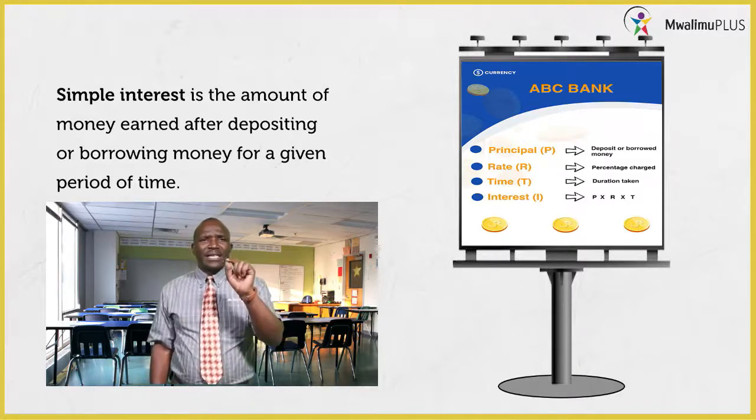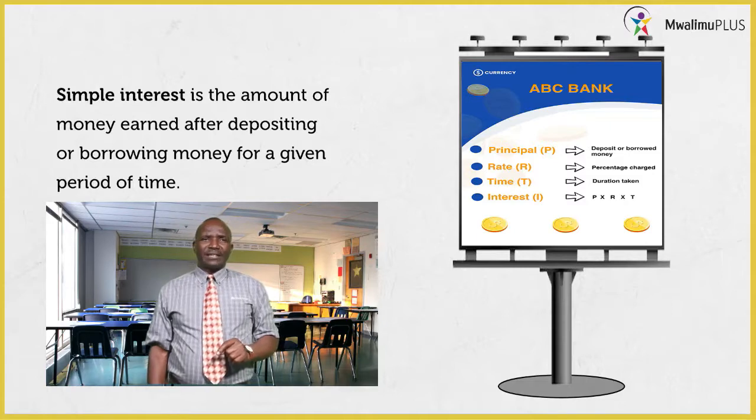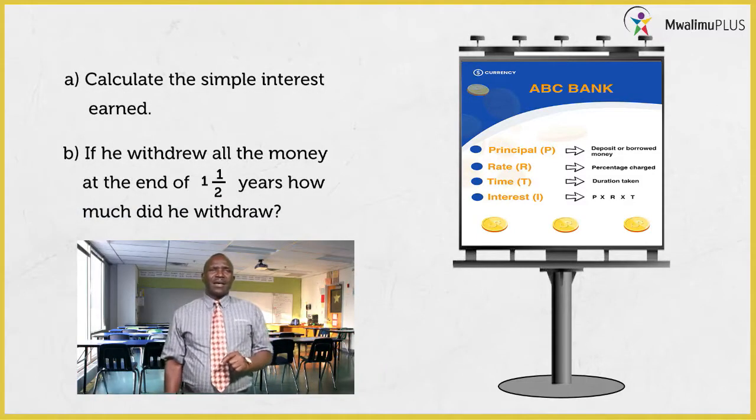Now calculate the simple interest. That is the first question. The second question: if this person withdrew all the money at the end of 1.5 years, how much did he withdraw?